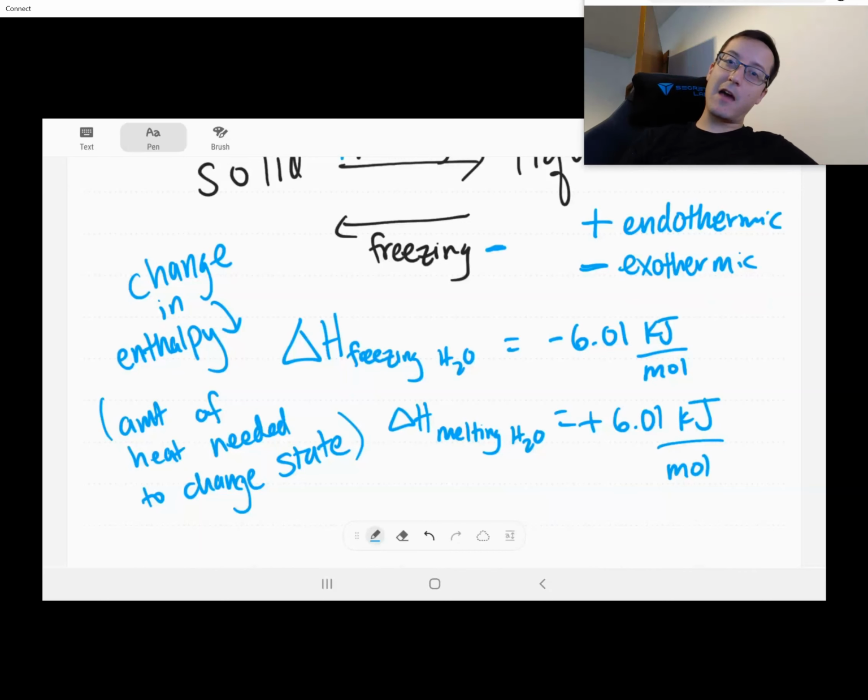The only thing that matters is, are you putting energy in or are you taking it out? The same amount of energy is going to be required to do either process, right? But it's positive when you melt it. You're putting in energy. The energy is getting bigger, positive, and you're taking away energy to freeze it, right? You are lowering the amount of energy that it has, and that's why that's negative.